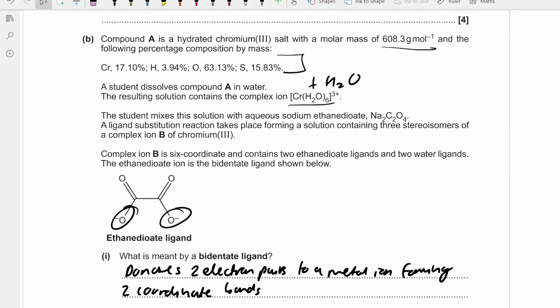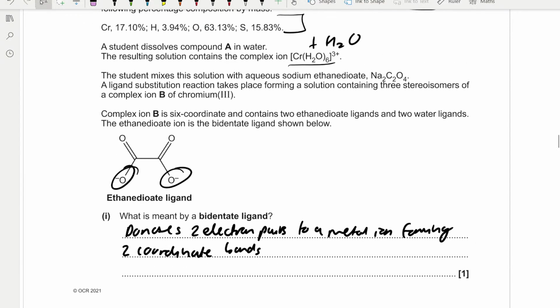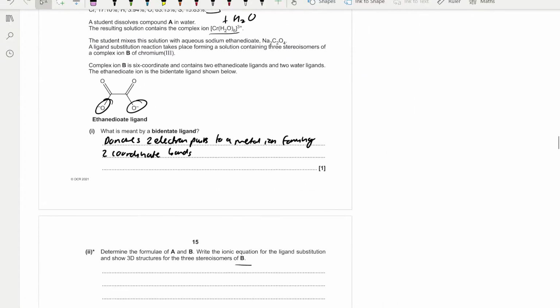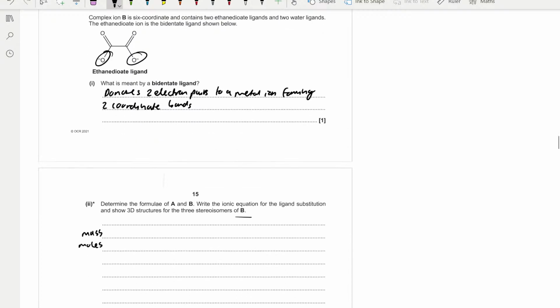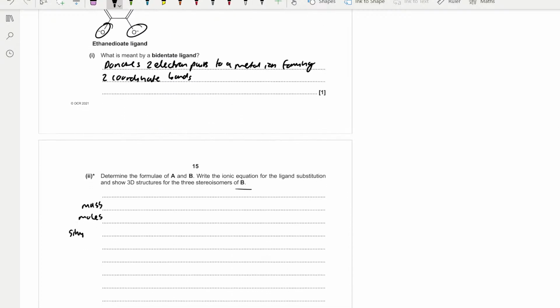So, we're going to need to use our information from the question. So we've got our empirical formula here. Well, we can calculate our empirical formula from this information. So use the table: mass, moles, simplest, and empirical.